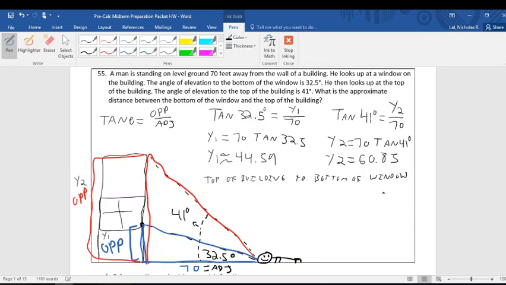We can get that by taking y2 and subtracting y1 from it. So our answer is going to be equal to 60.85 minus 44.59.